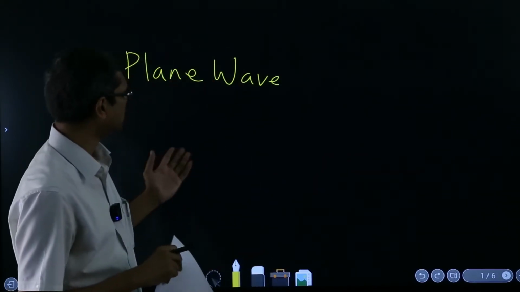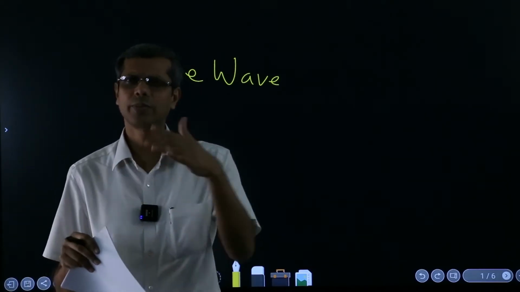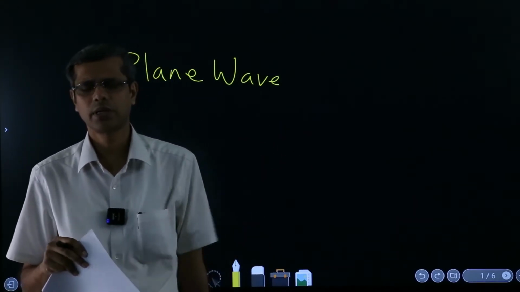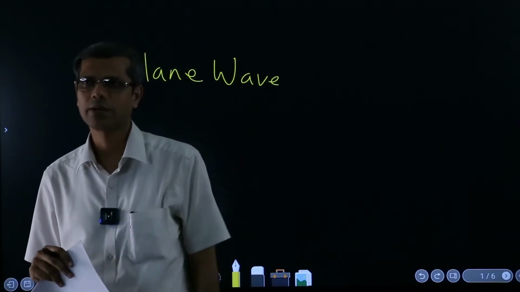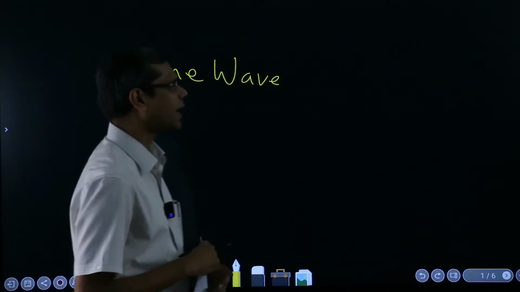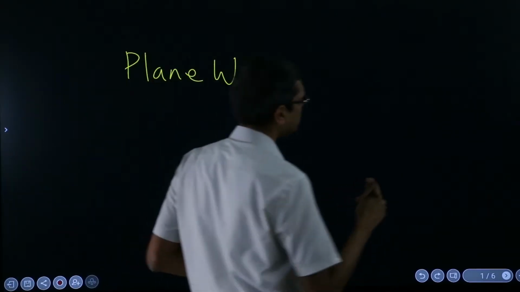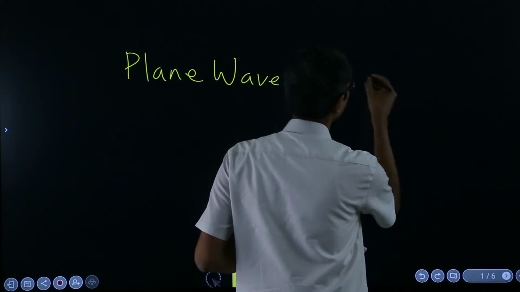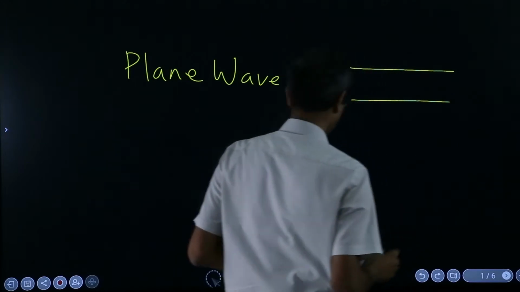In the most generalized kind of acoustic waves, the directions will be different in different places. But for plane waves, which is the simplest one which we will start with, in all the places the direction will be the same.